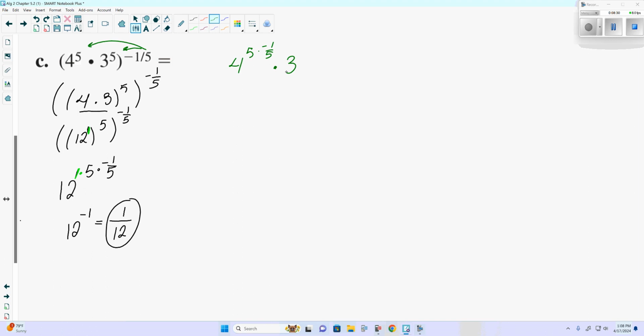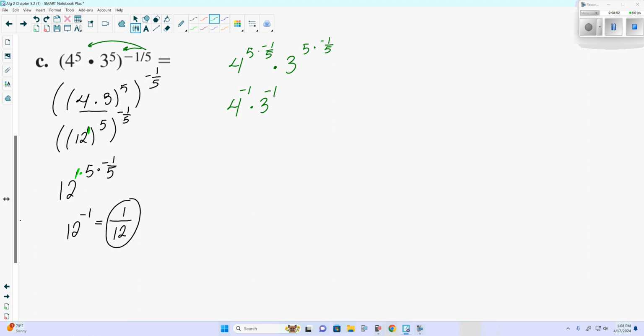That's being multiplied by 3 to the 5 times negative 1/5. This is just another way to do it. Now, our 5 times negative 1/5, like we saw with 12, is just 4 to the negative 1. Same with 3. We'd have 3 to the negative 1. You see how that works?